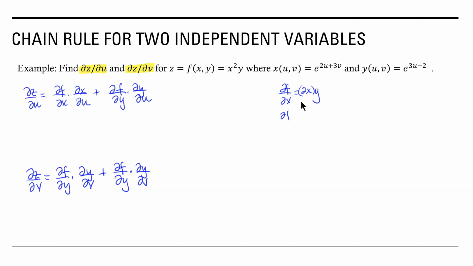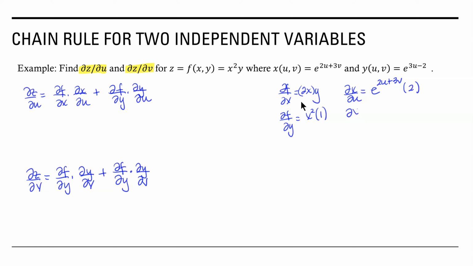The partial of f with respect to y is going to be x squared times 1. The partial of x with respect to u is going to be e to the 2u plus 3v. And then using the chain rule, the partial of my exponent with respect to u is 2.